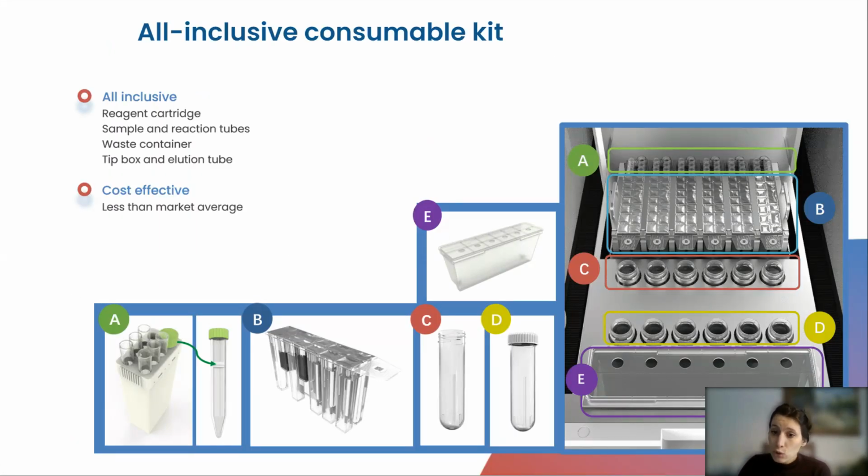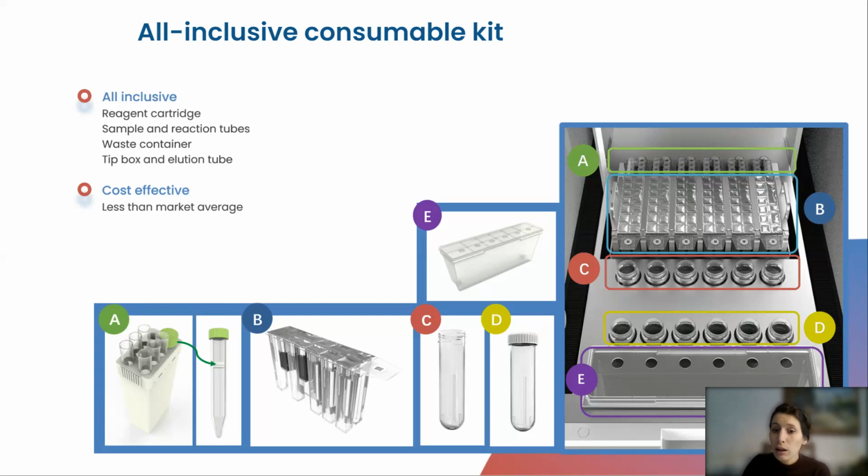So I'll take a few minutes here to talk about the all-inclusive consumable kit. What you're seeing on the right-hand side is all the key components that go into the kit: the actual tips, the final elution tube, which is the green cap tube that you're seeing on the left-hand corner, the cartridge that contains all the buffers, the magnetic beads, as well as the elution, the sample tubes, which you're seeing labeled as C and D, as well as the waste container.